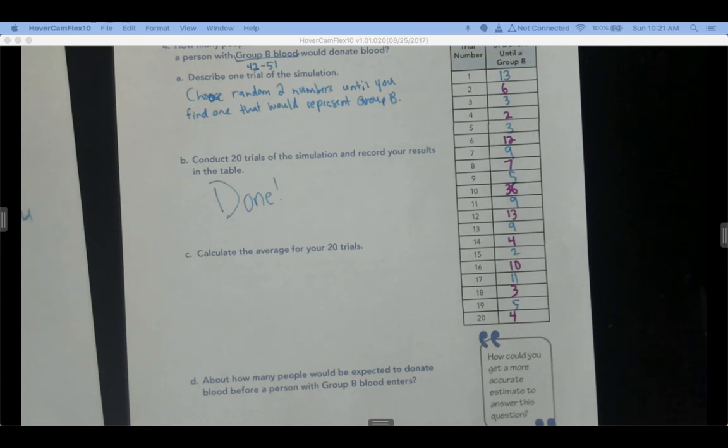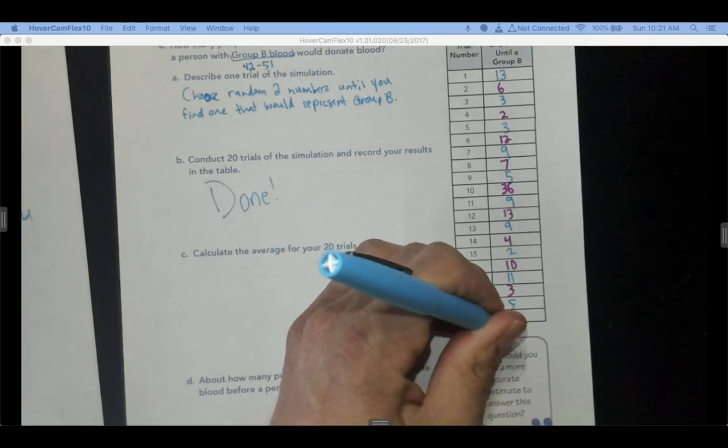So 13 plus 6 plus 3 plus 2 plus 3 plus 12 plus 9 plus 7 plus 5 plus 36 plus 9 plus 13 plus 9 plus 4 plus 2 plus 10 plus 11 plus 3 plus 5 plus 4. That's 166 total.